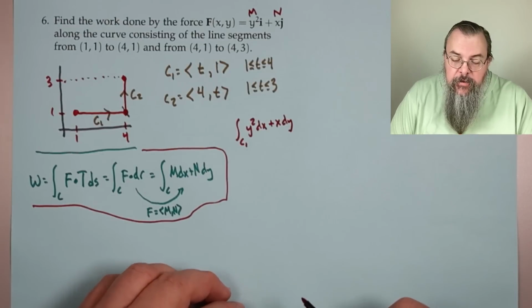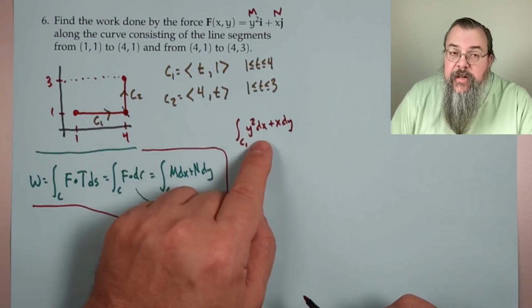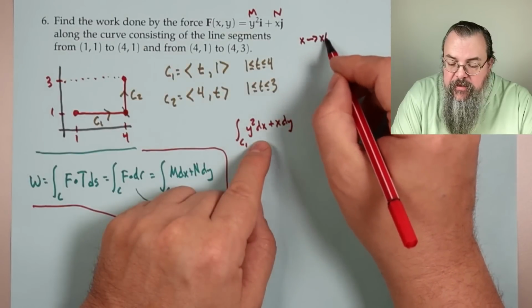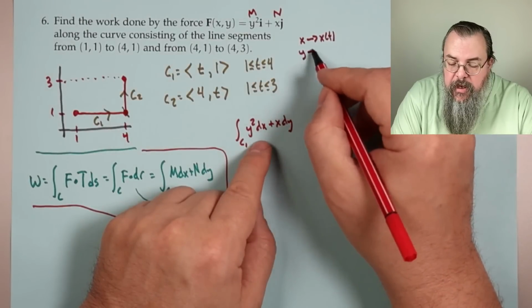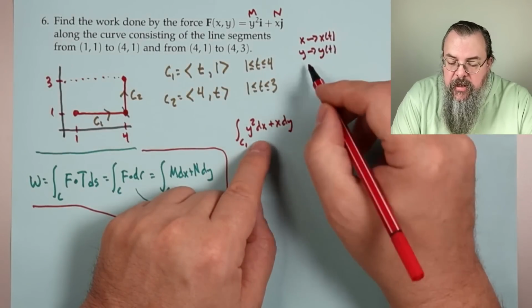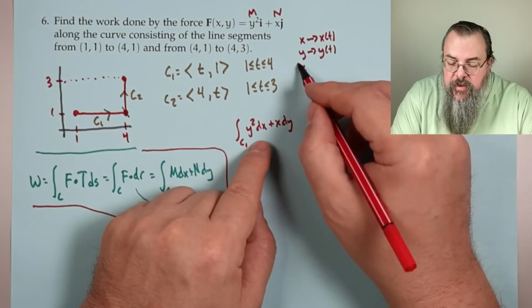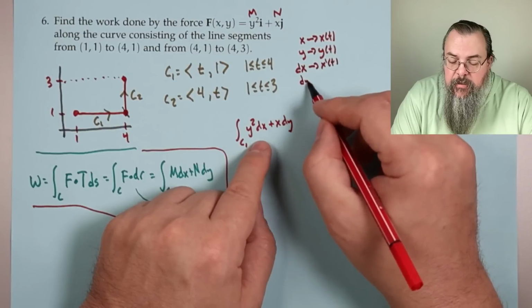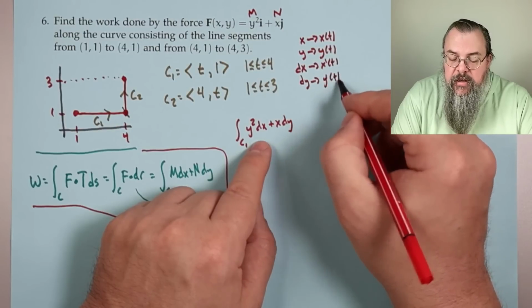And now, remember, what do you do to write these integrals? Well, everywhere you see an x, we replace it with x of t. Everywhere we see a y, put y of t. Everywhere you see a dx, put x prime of t. Everywhere you see a dy, put y prime of t.